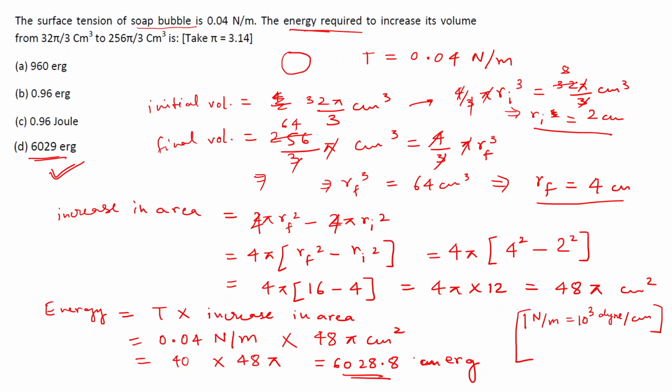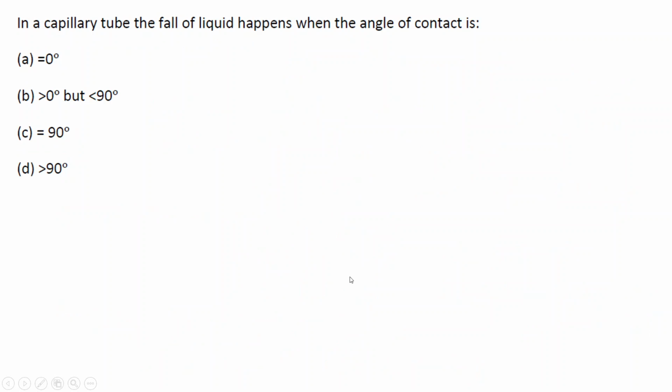Now the next question is about the capillary tube. In a capillary tube, the fall of liquid happens when the angle of contact is. So again recalling what we understood when we discussed the theory of surface tension and rise of liquid in a capillary tube.